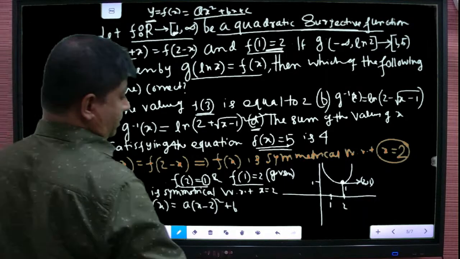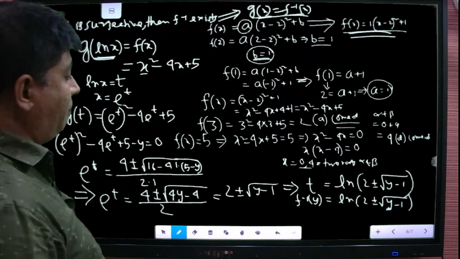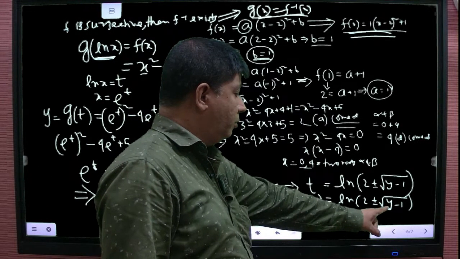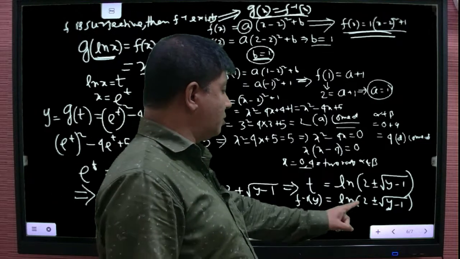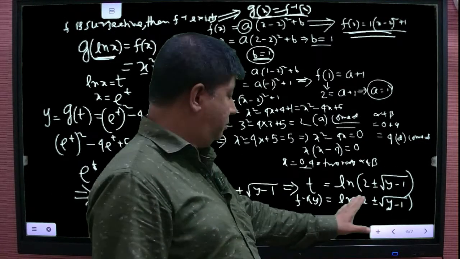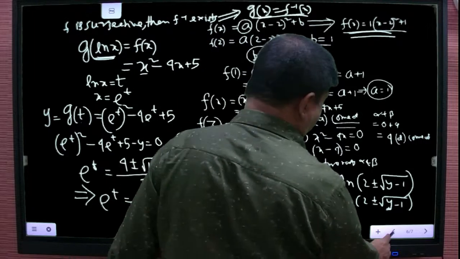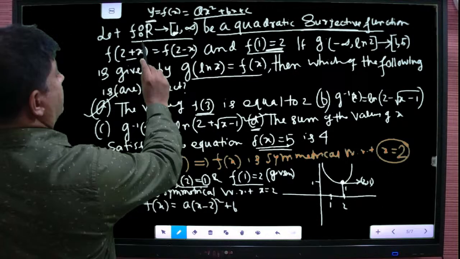Now if I put, say, the minimum value 1, so f inverse of y will become ln 2.